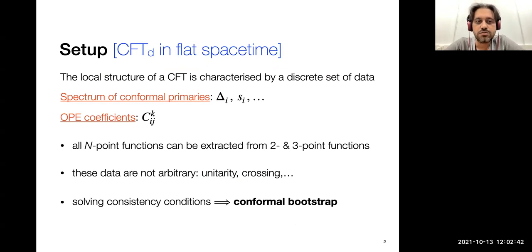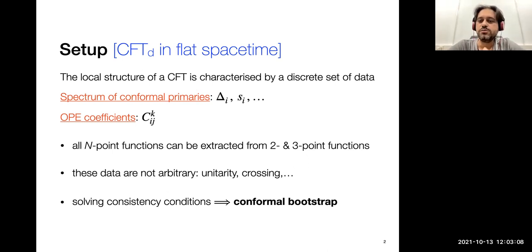Just to set up the context and the notation, let me say some introductory words. I will be interested in conformal field theories in any dimension in flat spacetime. As we know very well, conformal field theories, compared to a generic quantum field theory, are a little simpler to solve, because at least the local structure of a conformal field theory can be characterized by a discrete set of data.